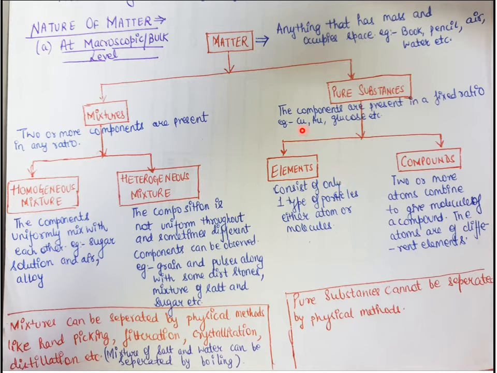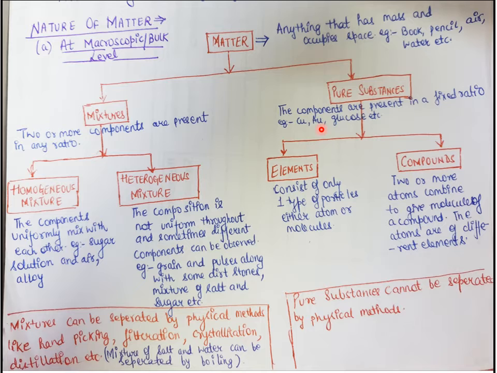Now, gold element will also be made up of only the gold atoms, and the number of gold atoms would be fixed. So copper and gold are examples of elements, because these are elements which are made up of a single type of atom. The copper element is made up of only copper atoms, and gold element is made up of only gold atoms. Let's talk about compounds.